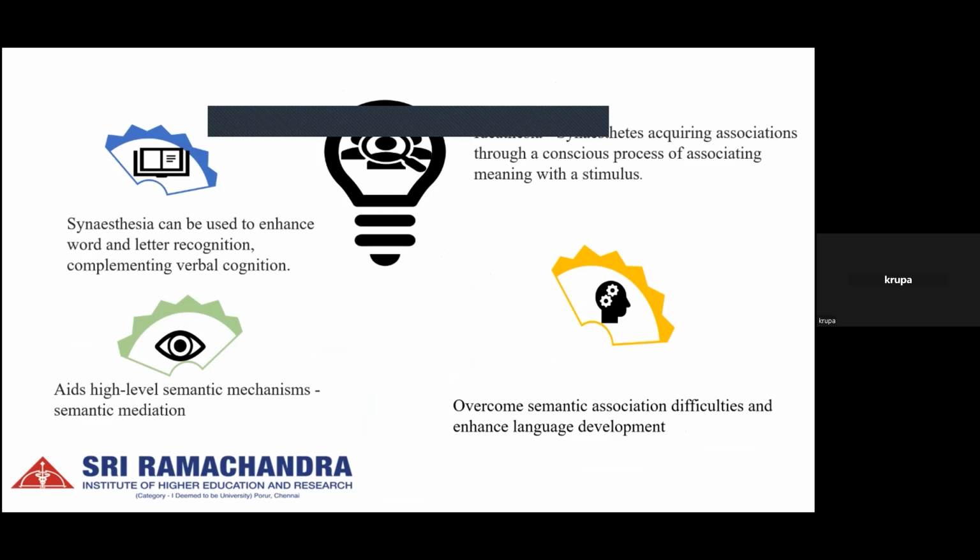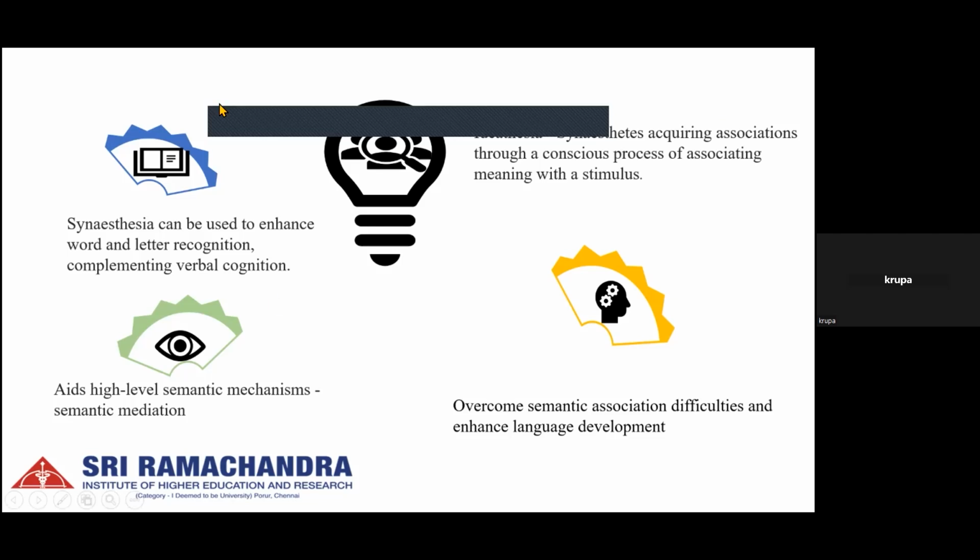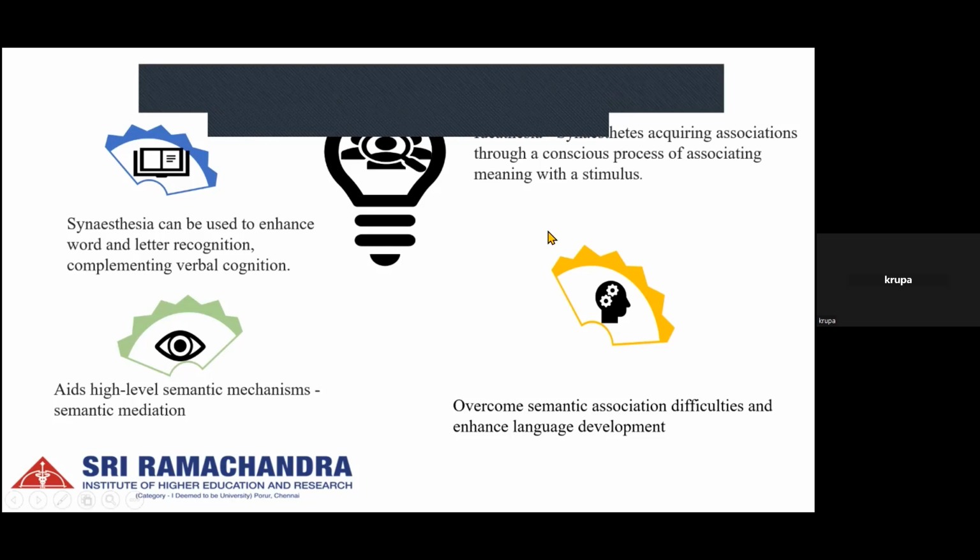Semantic mediation is nothing but meaning making difficulty, which children with autism experience, and this synesthetic perception can help them deal with it. One such terminology they report is ideathesia, which is a conscious process of associating meaning with a stimulus.